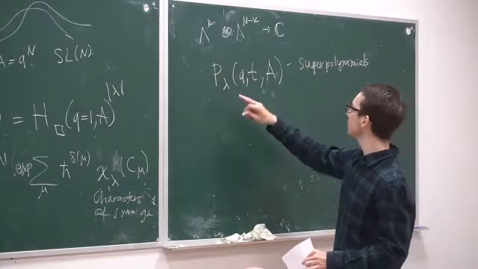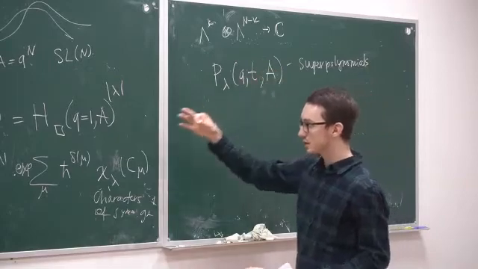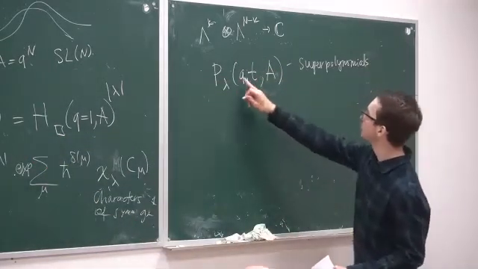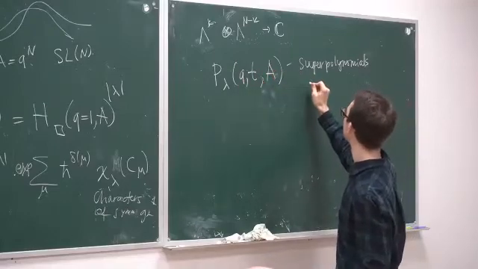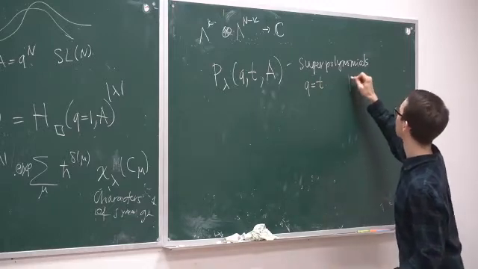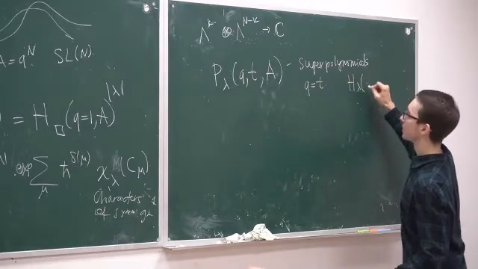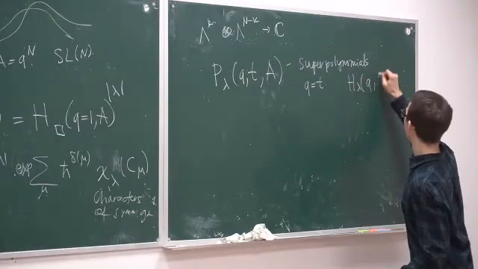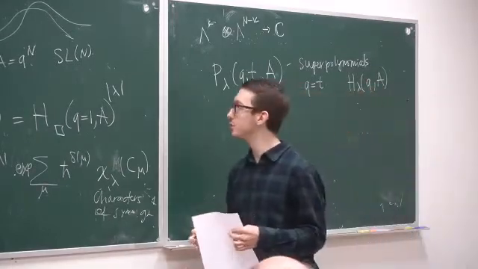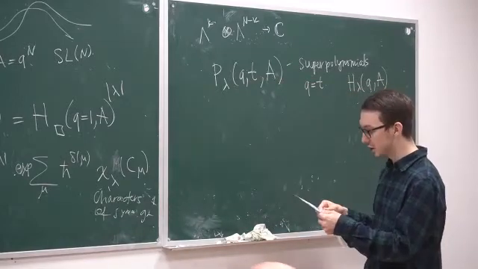So conjecturally, there are some superpolynomials that generalize this, and Q and T are Macdonald type variables. And when Q equals T, we should recover just the polynomial H lambda of Q and A. They are known and constructed for very few families of knots, which I will mention later.